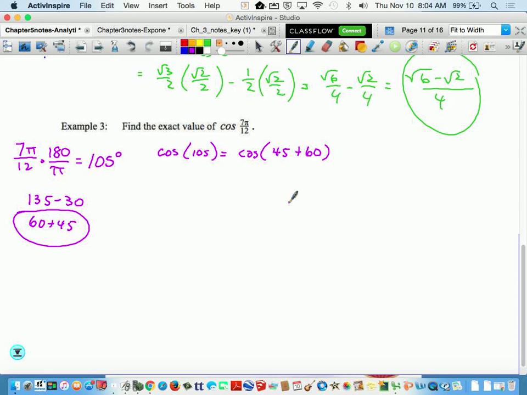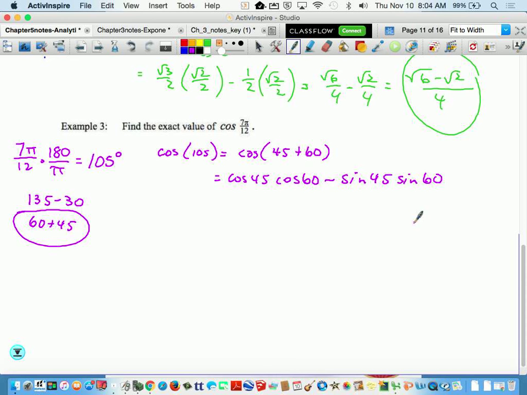But when you do the cosine formula, it goes cosine, cosine, sine, sine, and if you're adding your angles together, you'll be subtracting in the formula. So just follow that pattern. So cosine 45, cosine 60, then minus sine 45, sine of 60.